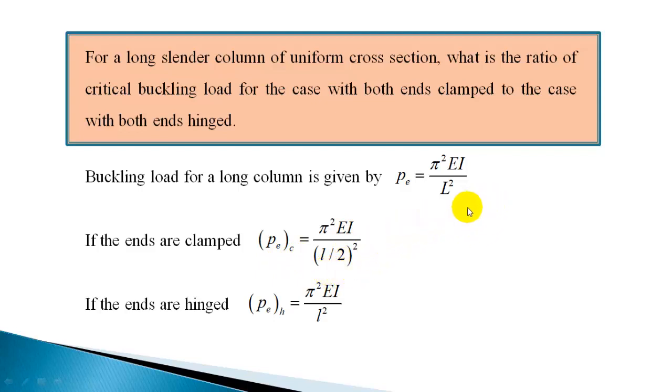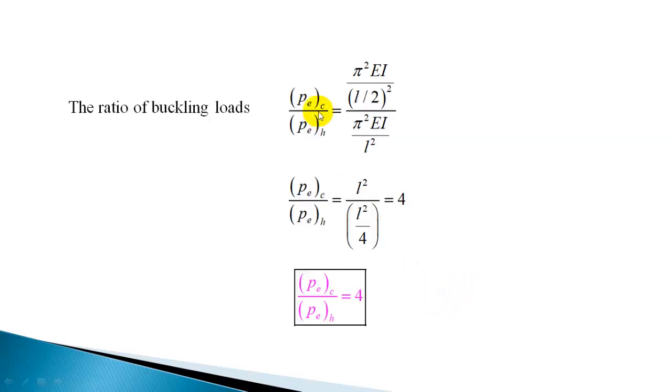And if it's hinged, the effective length is equal to L. So for hinged ends, the buckling load is pi square EI by L square. Now you can take the ratio PC by PH, which gives the ratio of the buckling loads. So pi square EI by (L by 2) square divided by pi square EI by L square.